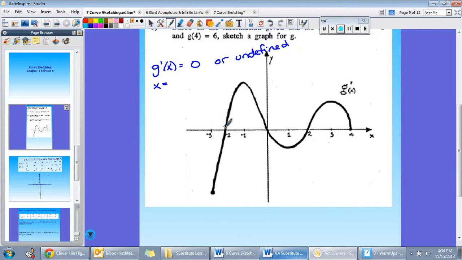That's happening at -2, 0, 2, and 4. And we also want to look at where g double prime is 0 or undefined. And those x values are at -1, at 1, and at 3.